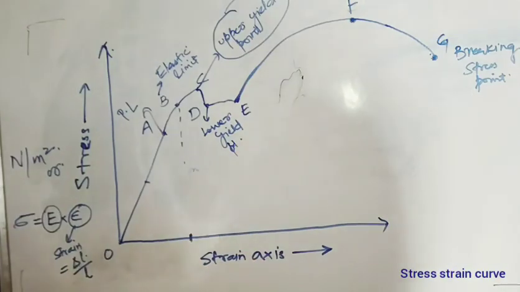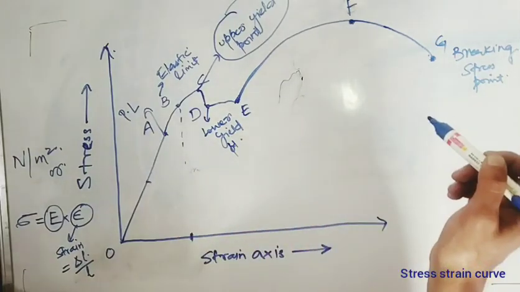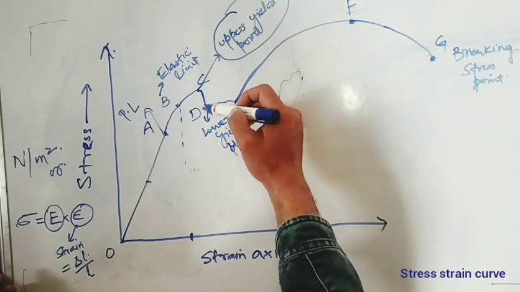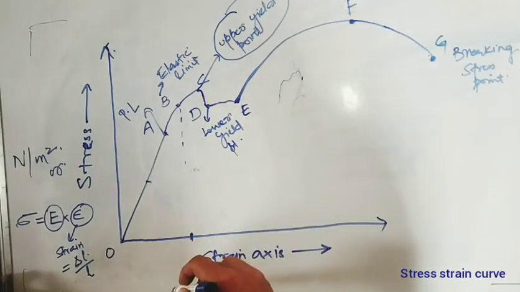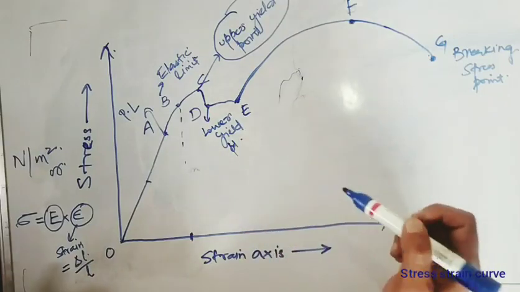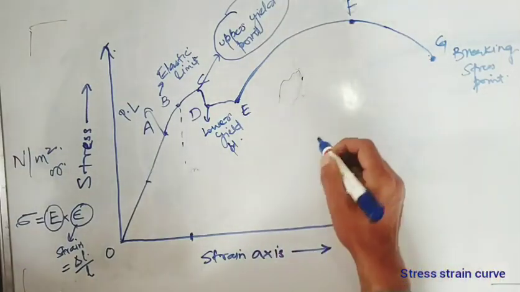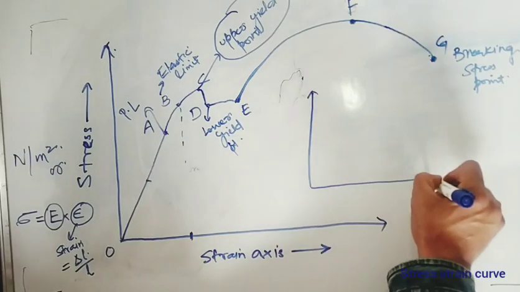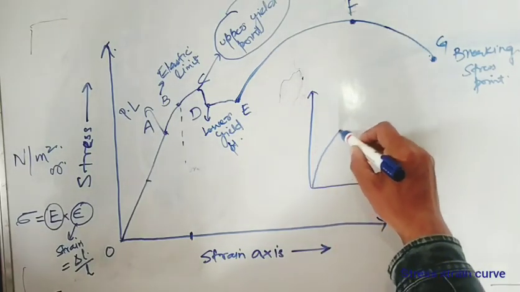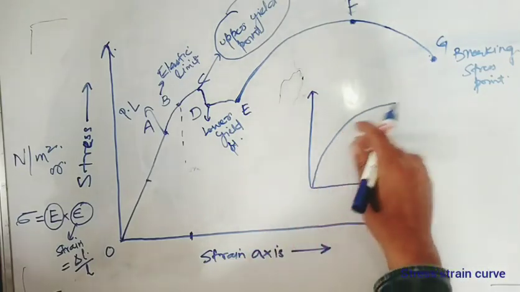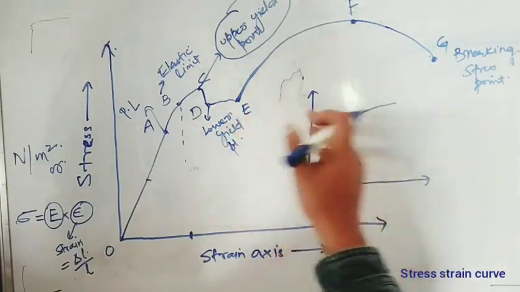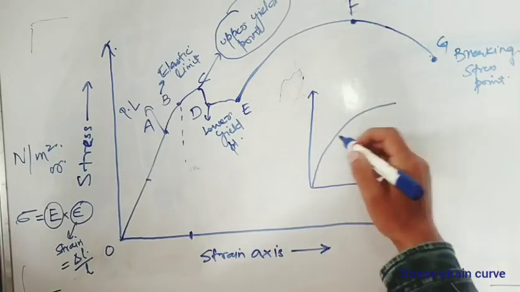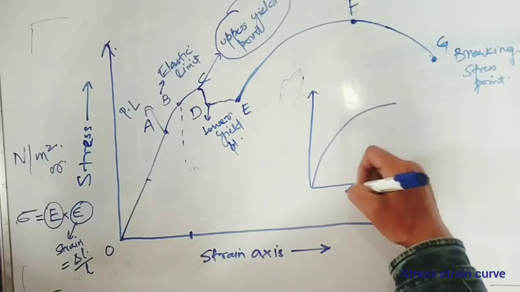Now, for example, if I have a material like aluminium, in aluminium we don't have these prominent upper and lower yield points. For that we use offset method. Offset method, if for example, I will show you over here in this curve. If for example, this aluminium has a curve like this, so you don't have those prominent, you want to see the yield strength of the aluminium sample. So for that you have to do one thing.